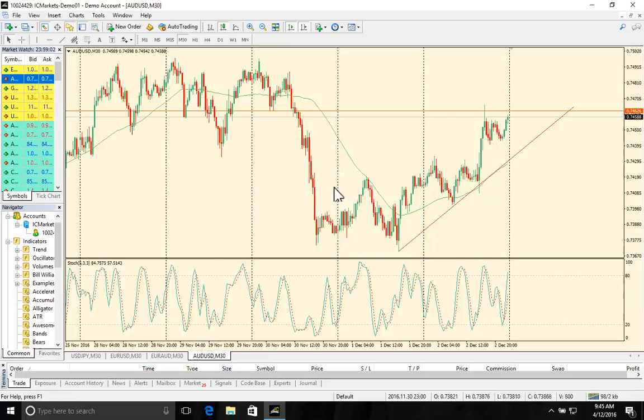Now, the problem with moving averages is that every currency pair in every time frame reacts a little bit differently. So unless it reacts very strongly with your pair, you can just use it for some kind of idea, but never ever do your trading based on the moving average, unless you go into a long-term position.